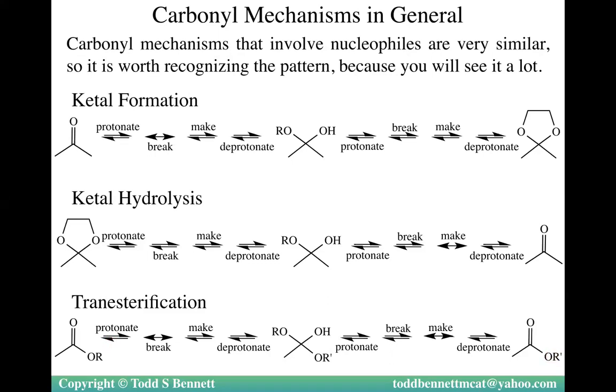So if this OR is the end chain of the ester we're getting rid of, or an O with some biomolecule we're getting rid of, and instead replacing it by putting on a glycerol, this is how you make cell membranes. This is how you make fatty acid triglycerides. The key thing here is that you can change this OR group into whatever you want. So this reaction is going to end up being really common in biochem.